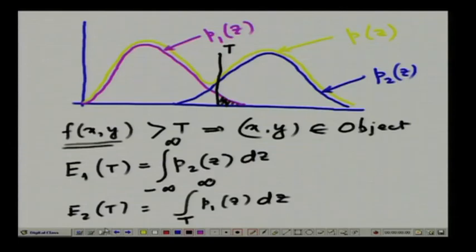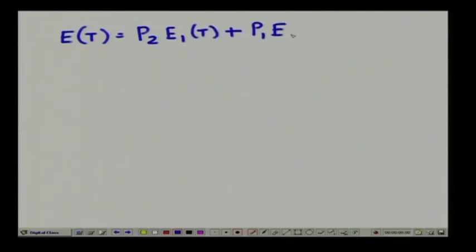So, from these two error expressions, the overall error probability can now be represented as E t is equal to capital P 2 into E 1 t plus capital P 1 into E 2 t.